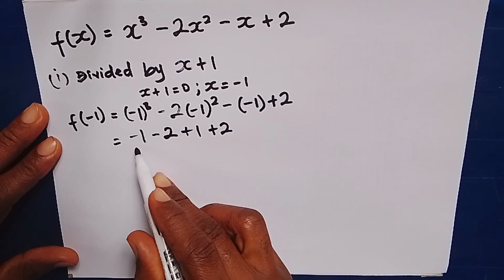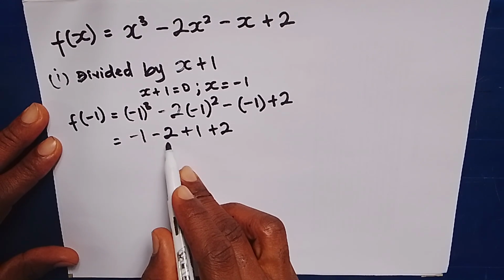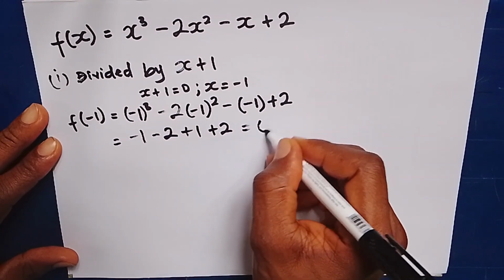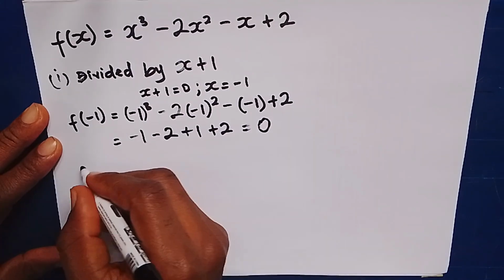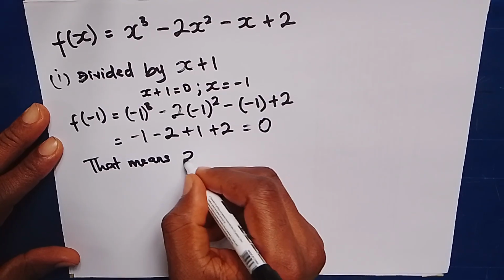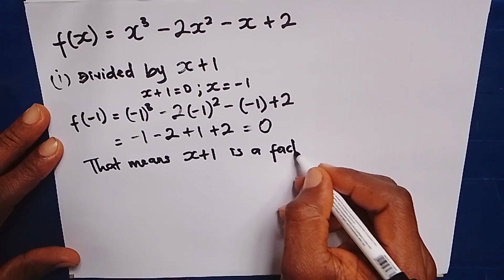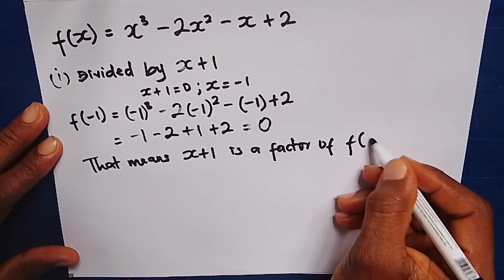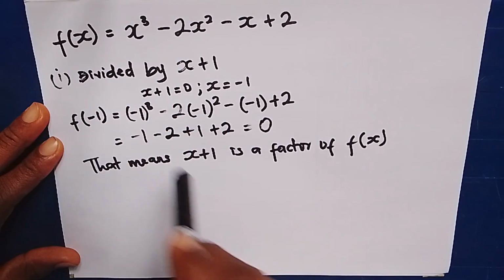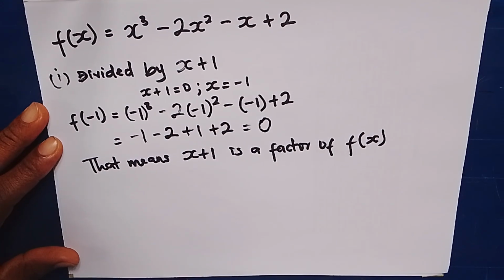By the time you simplify this, minus 1 minus 2 is equal to minus 3. Minus 3 plus 1 is equal to minus 2. Minus 2 plus 2 is equal to 0. So that means x plus 1 is a factor of f of x. That means if we do our long division, x plus 1 will divide f of x completely without leaving a remainder.